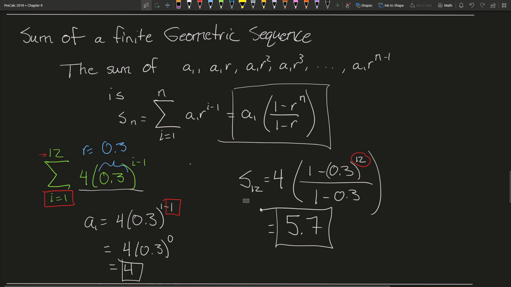No. What S12 is actually equal to is your answer. In this case, it's 5.7. And your homework will tell you what to round to. So I rounded this to the nearest tenth.